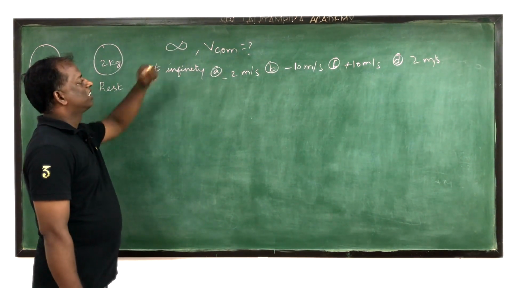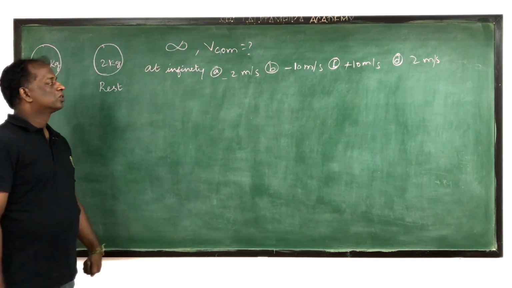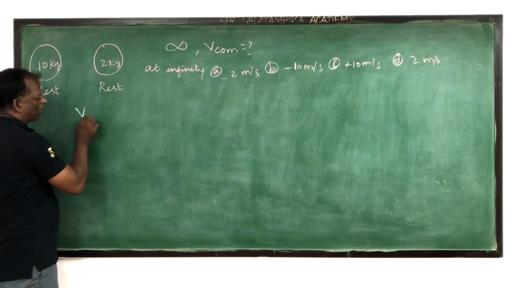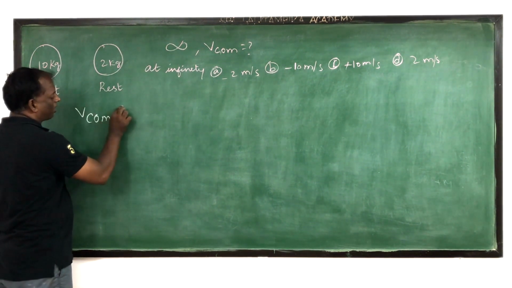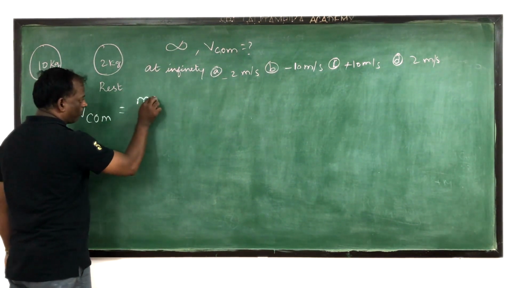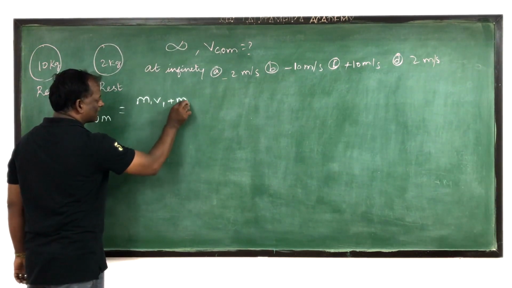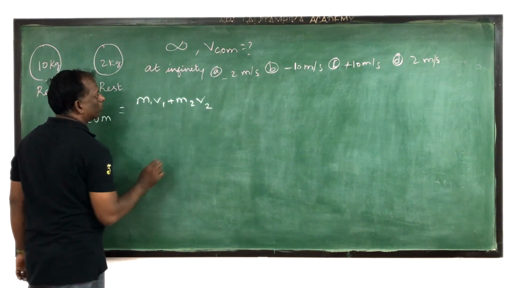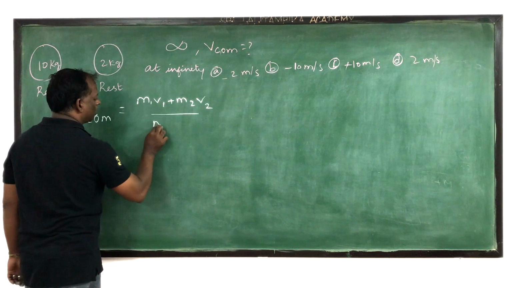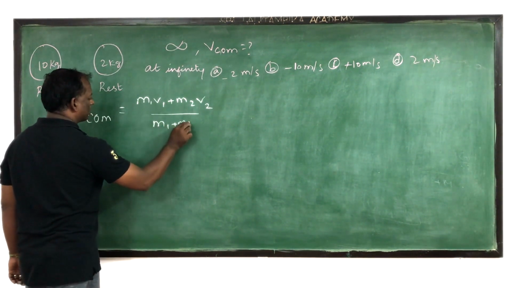Infinityல velocity of center of mass என்னவா இருக்கும்? So what is the formula for velocity of center of mass? General center of mass formula என்னது? m1 v1 plus m2 v2 divided by m1 plus m2.